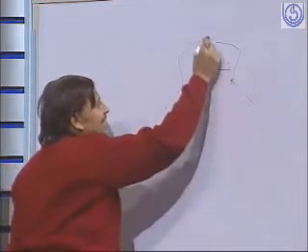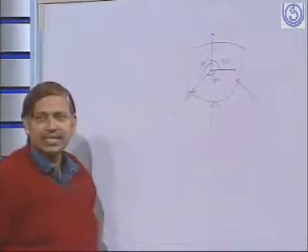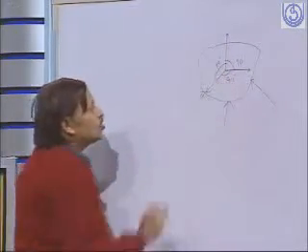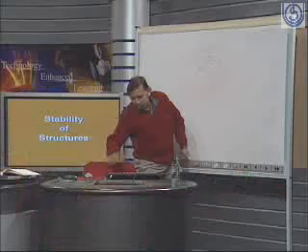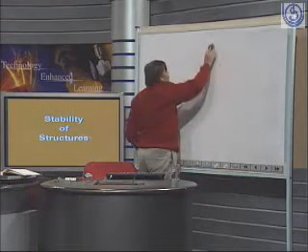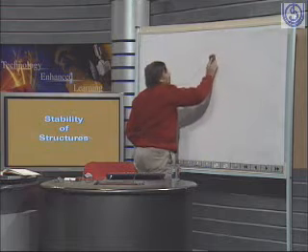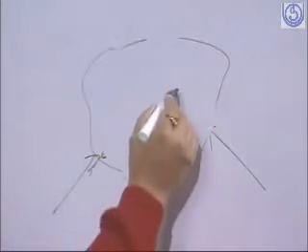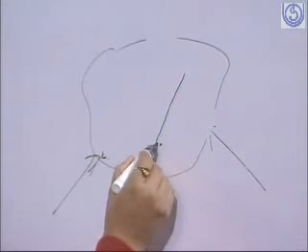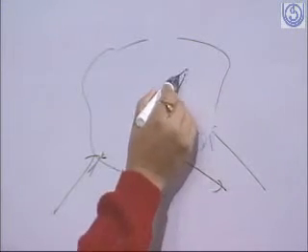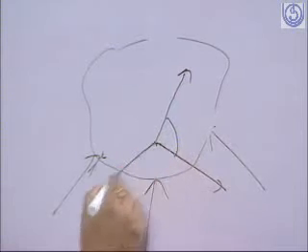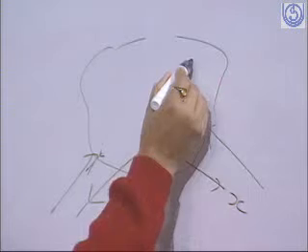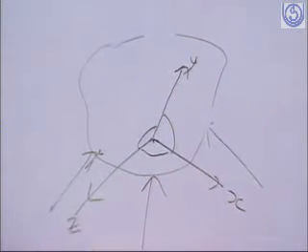You can take any three orthogonal axes. It is not necessary that you take them in this way only or at this point only. You could have chosen another axis, say at this point and in this direction, but it should be orthogonal. So if you call this x, this will be the y direction and this will be the z direction.